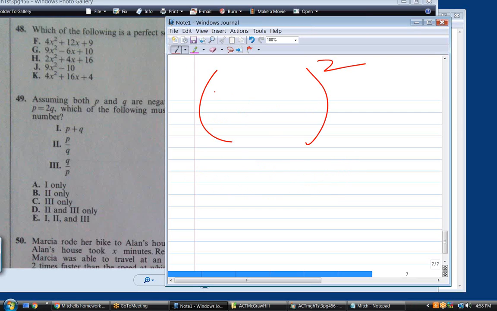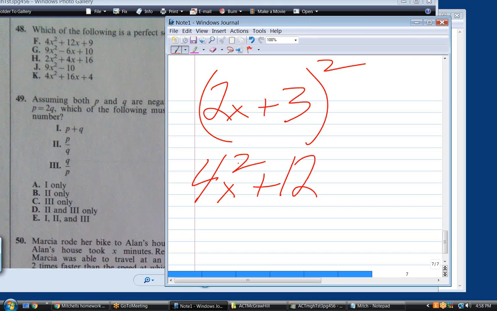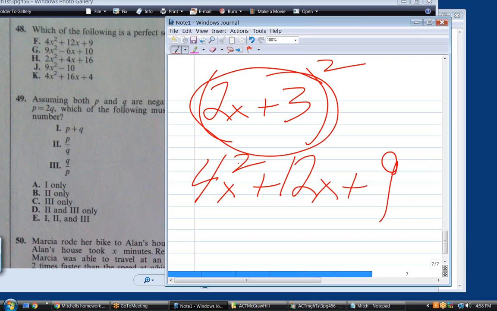It would be 2x plus 3. Let's see if that works. 4x squared plus 12x plus 9. We got it. Now, they didn't ask you to figure that out, but you kind of have to do that to solve this problem. You can't tell which of these is a perfect square unless you figure out what this is and then test it.